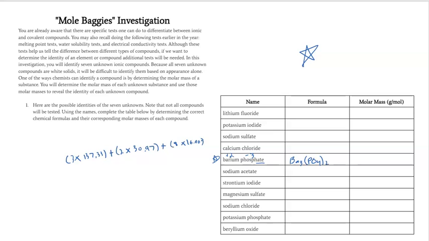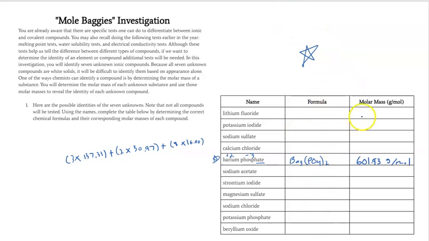We're going to end up with quite a large molar mass on this one. I'm going to punch those numbers in my calculator. I get a grand total of 601.93 grams per mole.